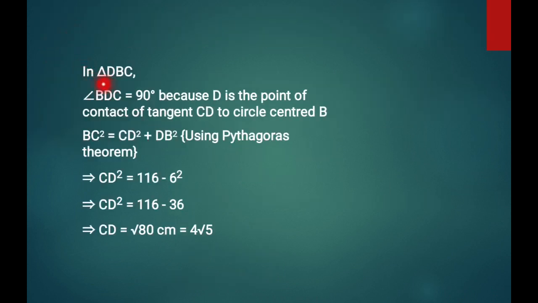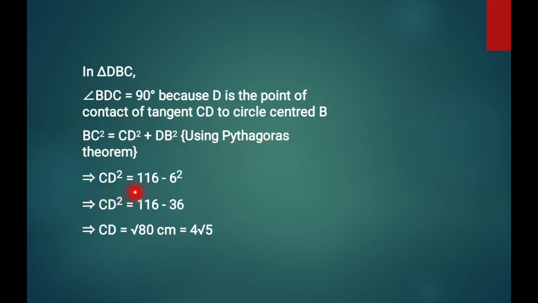Now in triangle DBC, angle BDC equals to 90 degrees, because D is the point of contact of tangent CD to the circle with center B. So in previous diagram we write from that BC square equals to CD square plus DB square, again using Pythagoras theorem.